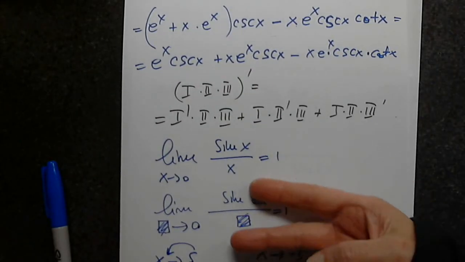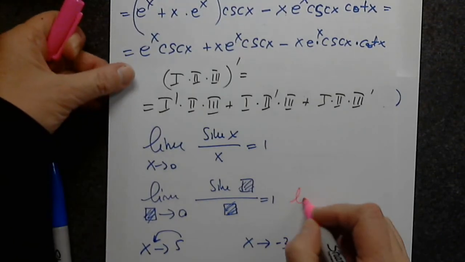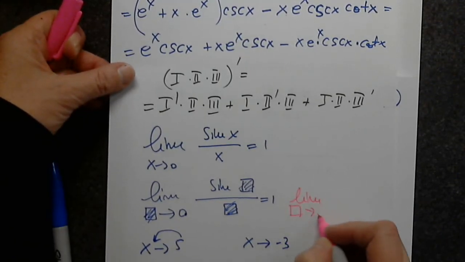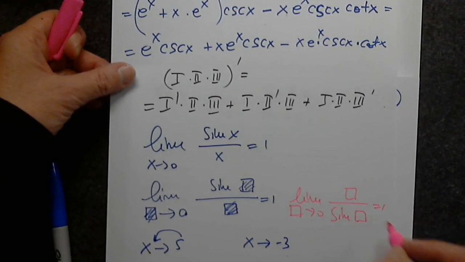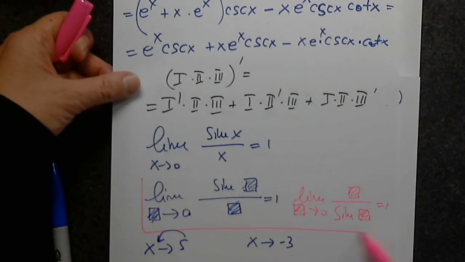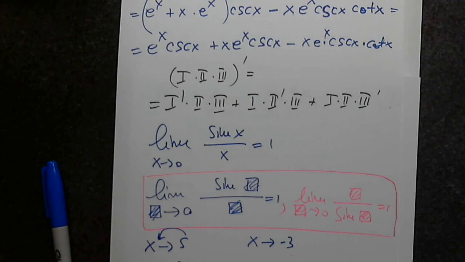Also, the multiplicative inverse will give us also 1. So the limit, if it's sine x over x or x over sine x, is the same thing.